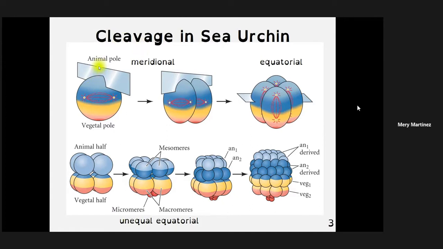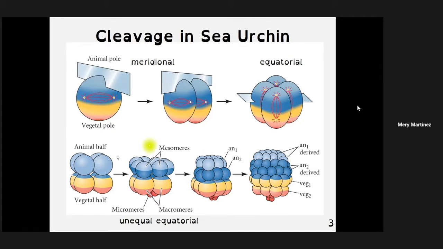Okay, because it goes from one end to the other end. The third cleavage, that is the one that we have here in this section, is equatorial. Okay, and it really separates the animal pole portion from the vegetal hemisphere. Okay, so one meridional, second meridional, third equatorial, segmenting the animal from the vegetal hemisphere.